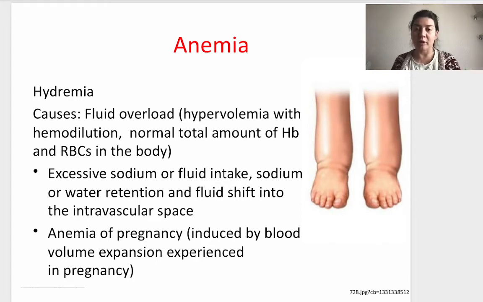The general number of red blood cells and hemoglobin is normal, but due to fluid overload it makes like a solution, so the concentration by volume is decreased; it is a relative number. It can be in excessive sodium or fluid intake, sodium or water retention, and fluid shift into the intravascular space. And it is typical for anemia of pregnancy, induced by the blood volume expansion experienced in pregnancy.